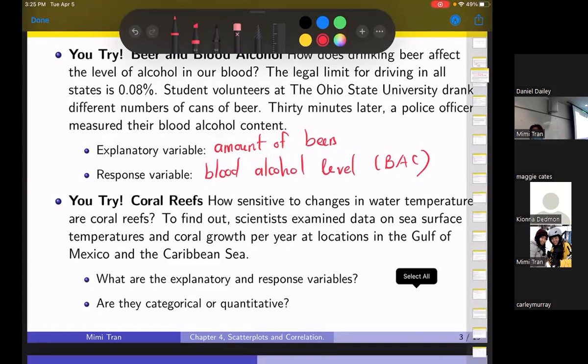All right, Carly says explanatory is sea surface temp. Good. Response is coral growth rate per year. Very good. Stephanie is same, both quantitative. Good. Larissa, same. Good. Kyle, Jay, good. Tyler, good.